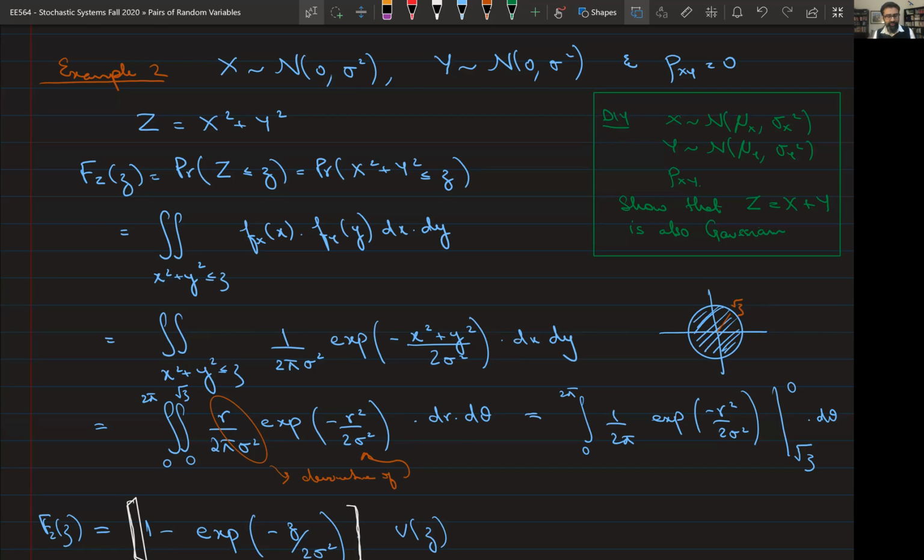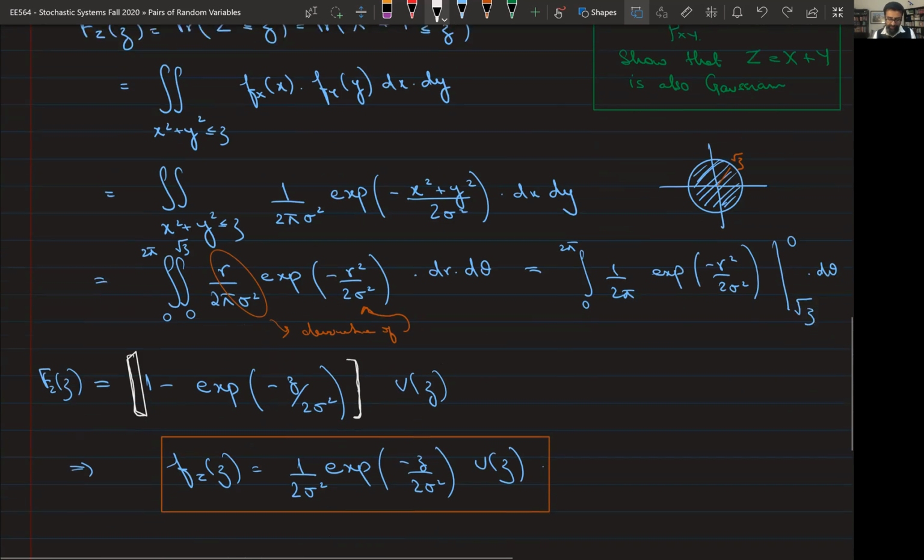So x and y are zero mean Gaussian with variance sigma squared, and we were interested in finding the PDF of z equals x squared plus y squared, right? You do the analysis, and we found that the PDF of z turns out to be an exponential distribution.